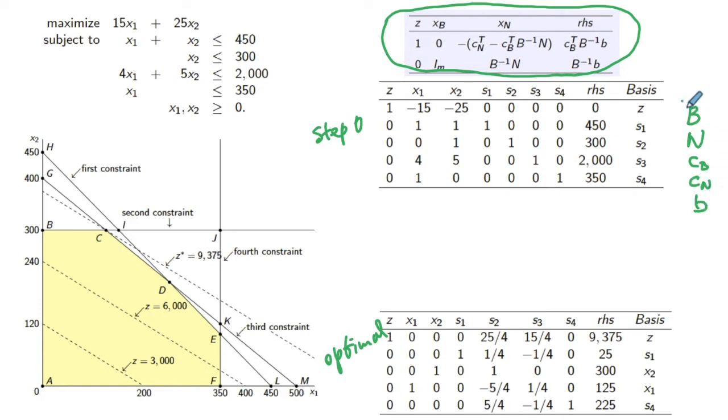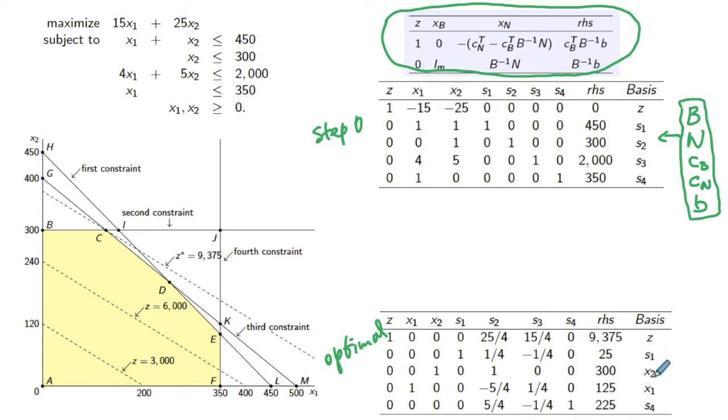All of these can be read from the initial tableau. And the initial tableau is easy to construct based on the original problem data, right? So once I know which variables are basic, I can easily extract all of this from my step 0 tableau. For example, for the optimal tableau, we have the list of basic variables given here.